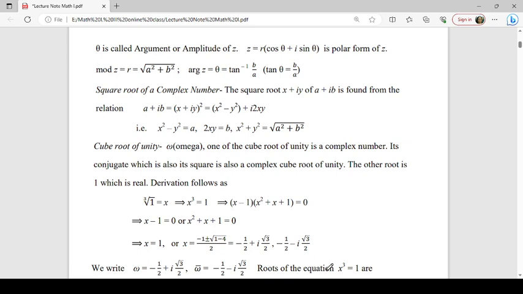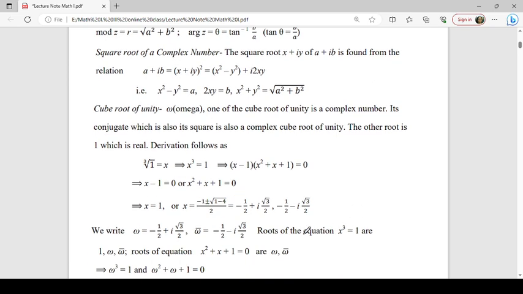So the cube roots of x cube equal to 1 are 1, omega, omega bar. And what you see, if we square omega, then omega square is equal to omega bar. So one is the square of the other, or we can have omega bar square is equal to omega.